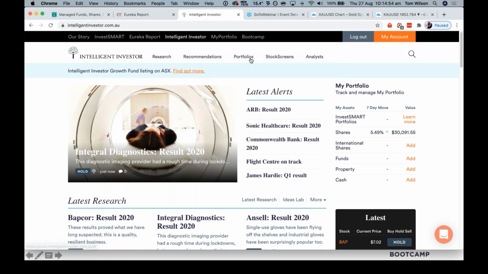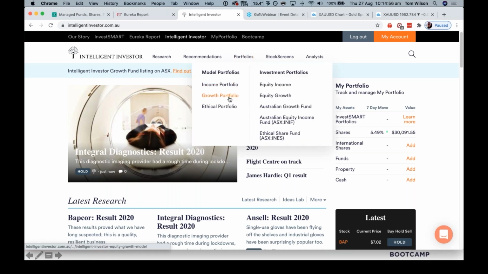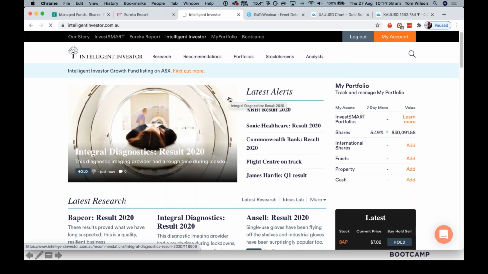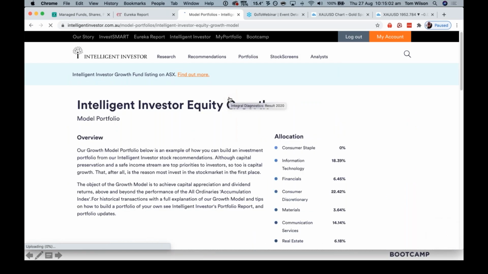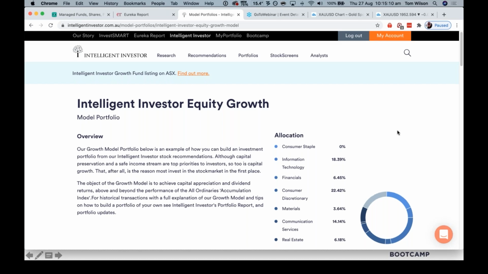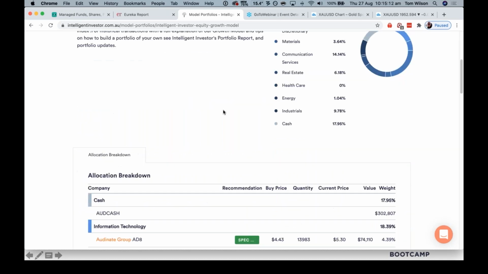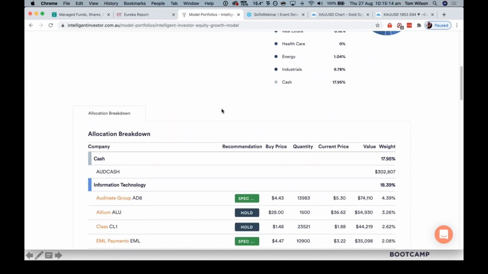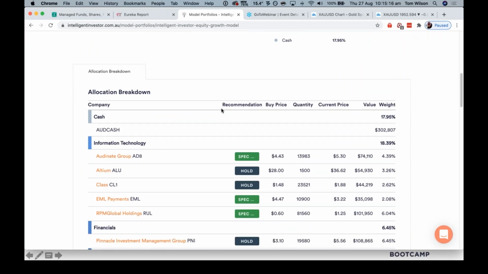So let's have a look at the growth portfolio. The best thing about the Intelligent Investor is you've got access to this as a boot camper for a period of one month, so definitely make as much use of it as you can. The equity growth portfolio shows you what a portfolio would look like if you had a growth portfolio.